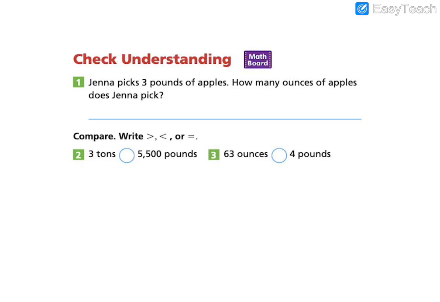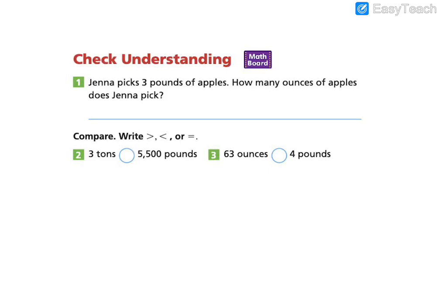All right, we're going to complete the check understanding together. So for this, you're going to need to reference some of our information about weight. So we need to learn about pounds and ounces. On the other side of your page, you'll see that a pound is a customary unit for measuring weight.